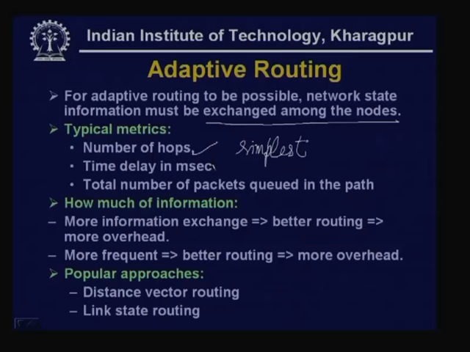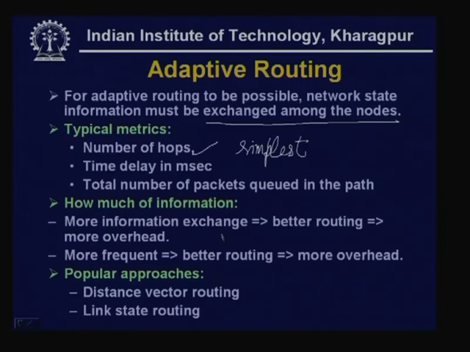Another approach is that delay can be actually measured, and based on that, the time delay can be used, along with the total number of packets queued in the path. Here, as you can see, it can be a more global approach. What you are doing is using the packets queued along the path from source to destination as a metric for finding out the route.